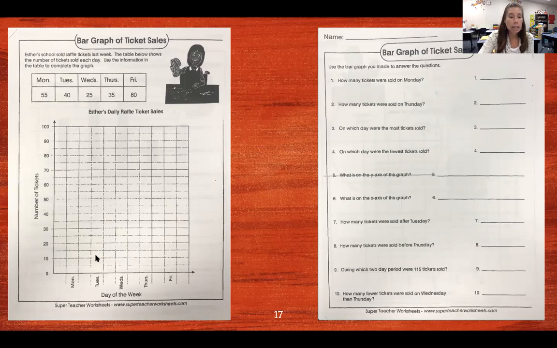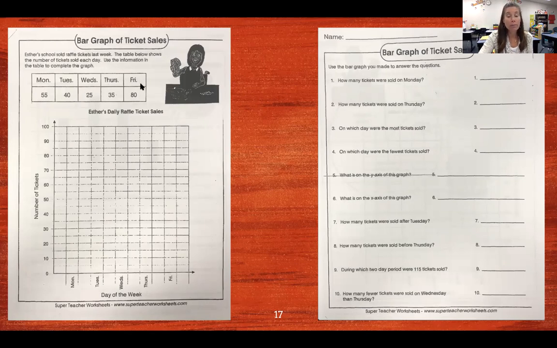Okay, so in this column here, you are going to fill in how many tickets? Yes, 55 tickets. In your Tuesday column, you'll fill in, you guessed it, 40 tickets. The Wednesday column here, yep, 25 tickets.